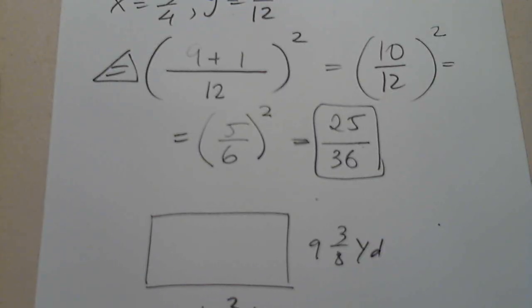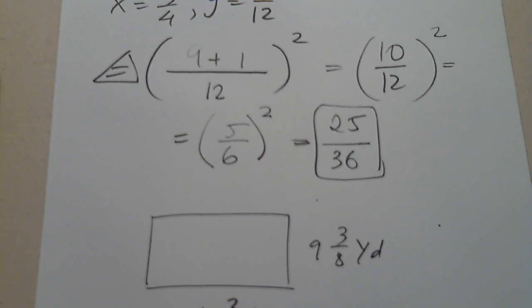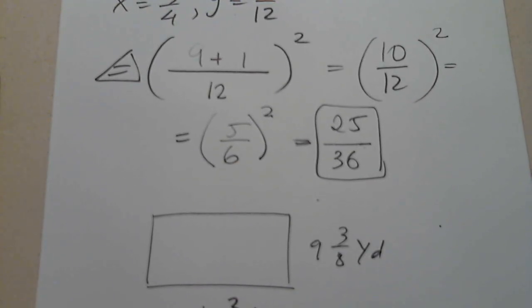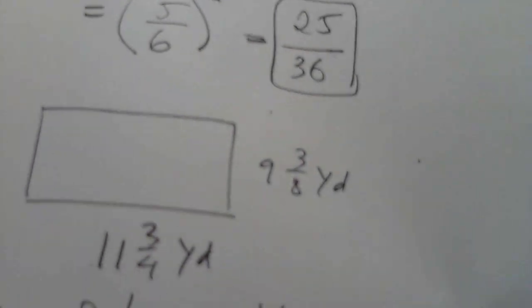Anybody, please? Thanks, Susan. That's the area. Oh, right. We want the perimeter. Is it 2L plus 2W? Excellent. Twice the length plus twice the width. Very good.